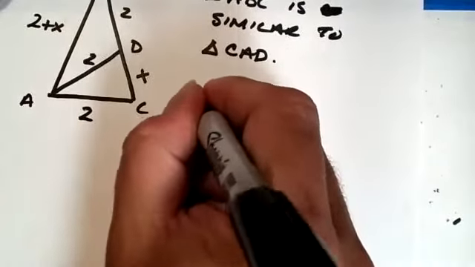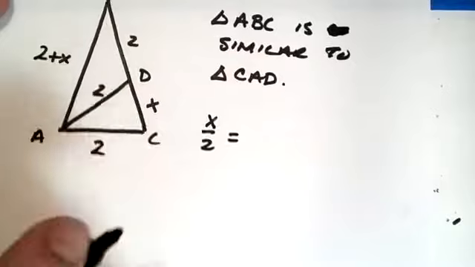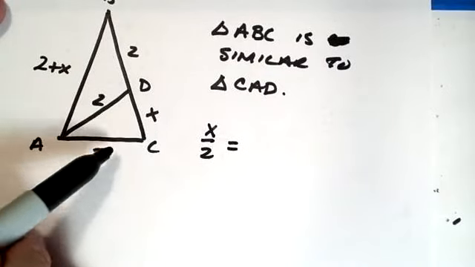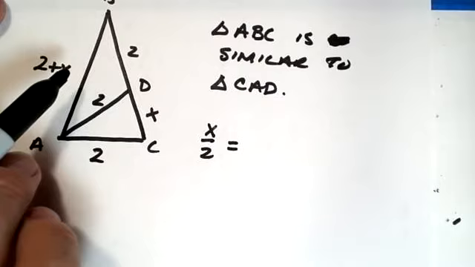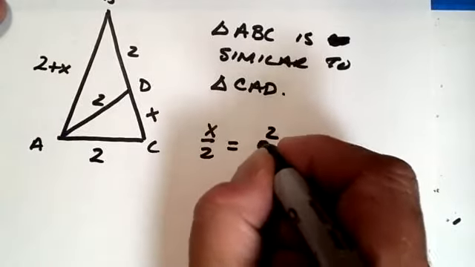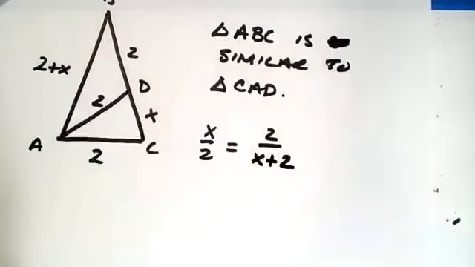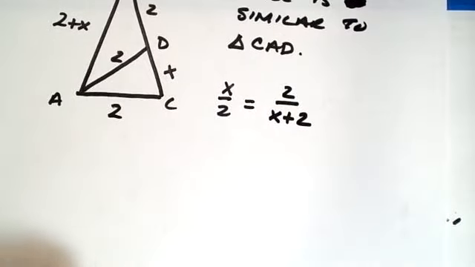We can say X over 2, short side divided by long side, is equal to short side divided by long side. So 2 over, and maybe I'll write it this way because it's a little more familiar, X plus 2. So there we have an equation, and it's an algebraic equation.